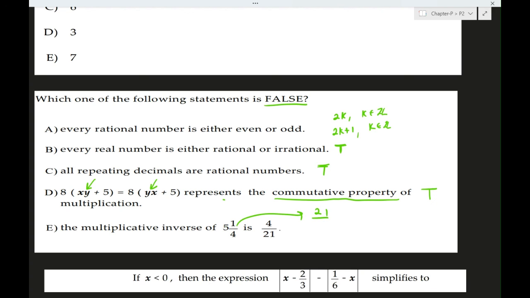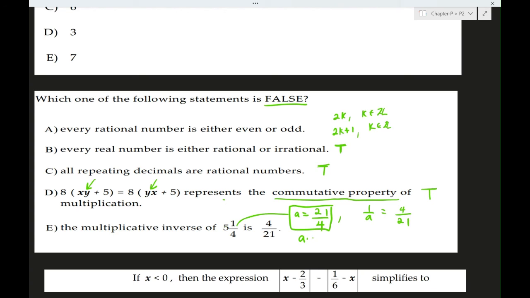So this is 21 over 4. Call this A. If you're looking for the multiplicative inverse, it will just be the reciprocal, 1 over A, which is 4 over 21.